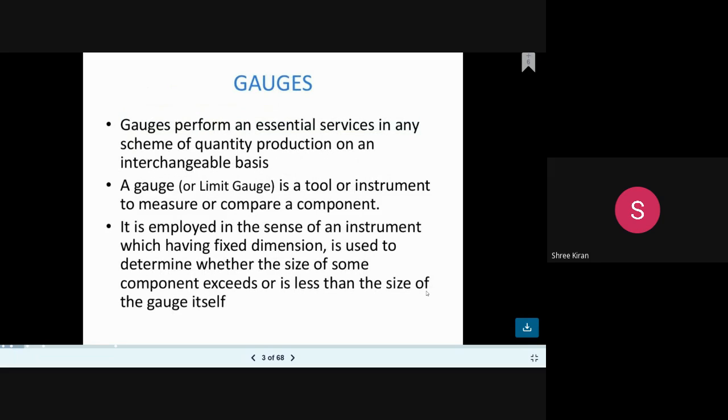The gauges perform essential services in any scheme of quantity production on an interchangeable basis.